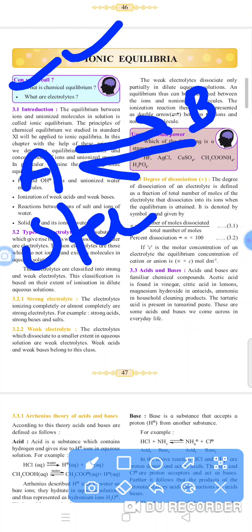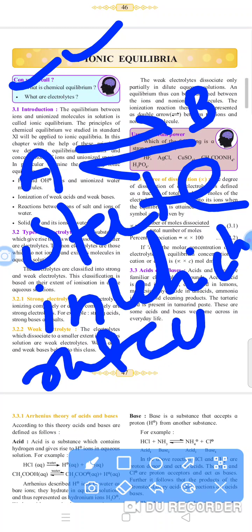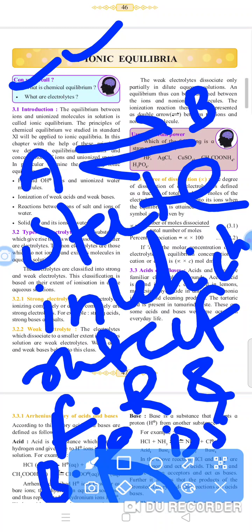The state or condition in which the rate of forward reaction and backward reaction is the same, or equal. That state, that condition, is called chemical equilibrium.